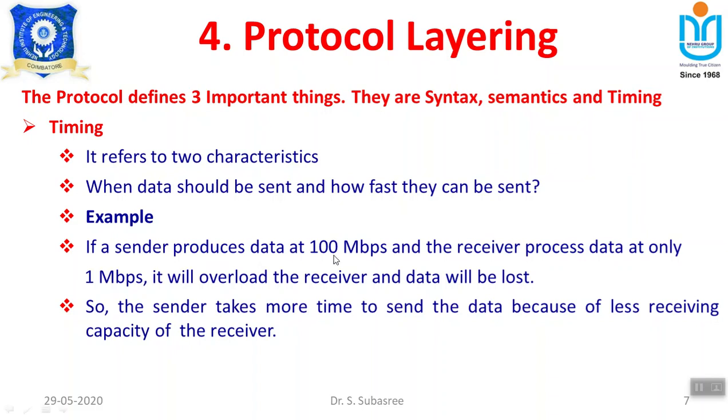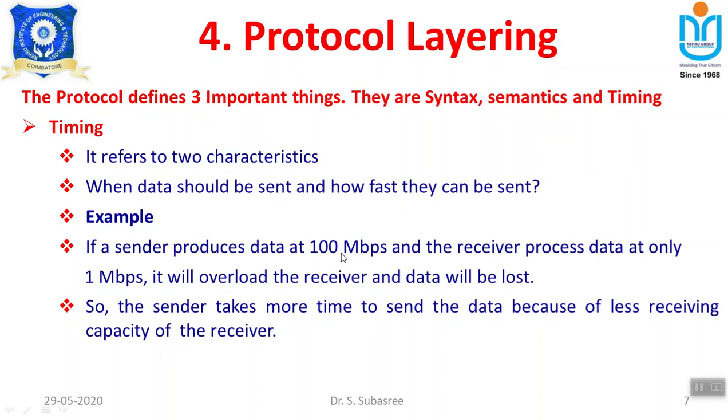What will happen if this sender is sending 100 million bits per second, but the receiver is able to receive only 1 million bits per second? It will receive only 1 million bits. The remaining 99 million bits will be dropped.